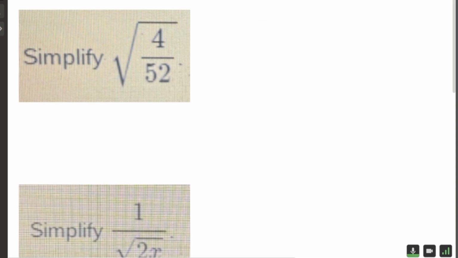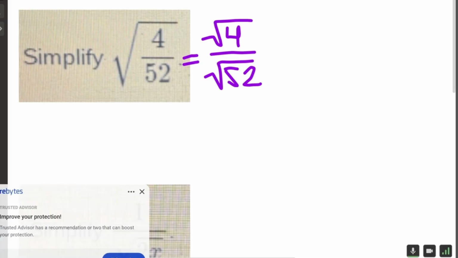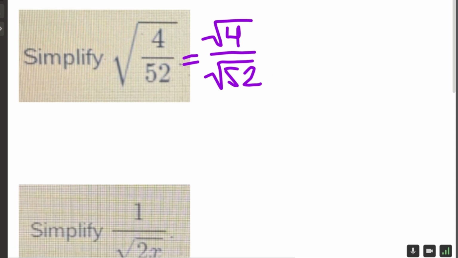Now when we have it expressed like this, where we have a division, we can rewrite this as an equivalent expression. Anytime we have a radical in the denominator, we will eventually want to rationalize it.